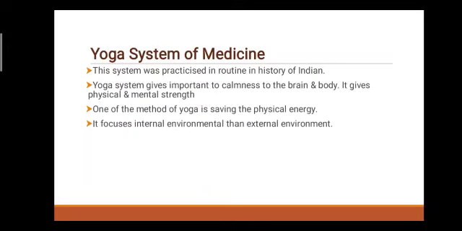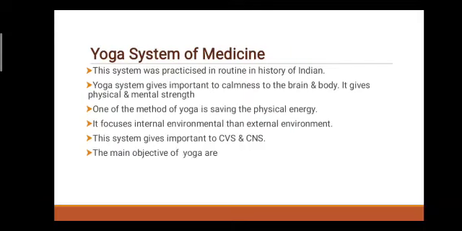It focuses on the internal environment rather than the external environment. This system gives importance to the CVS, cardiovascular system, and CNS, central nervous system. The main objectives of yoga are: first, blood purification; second, blood circulation; third, tranquility.